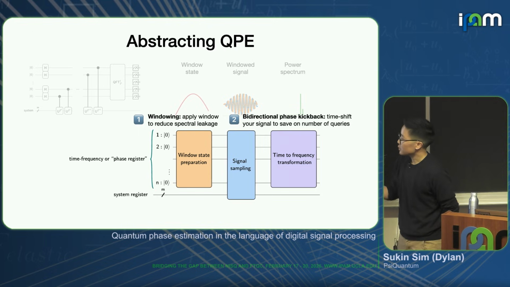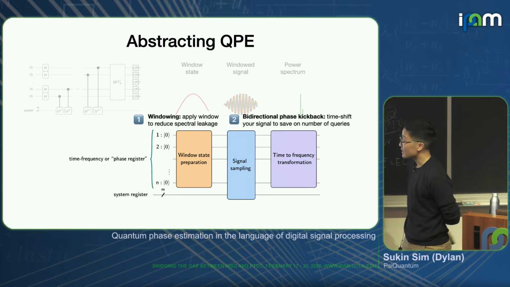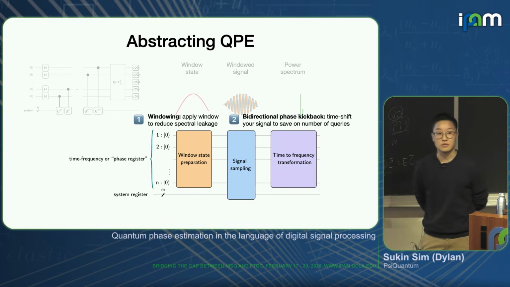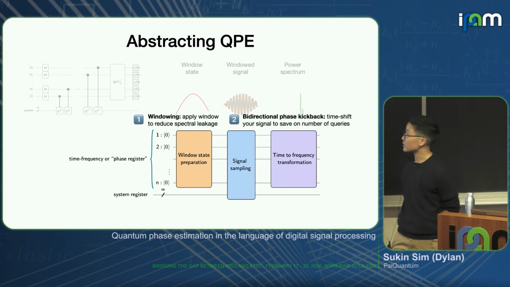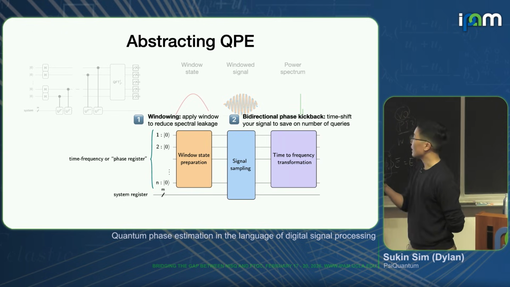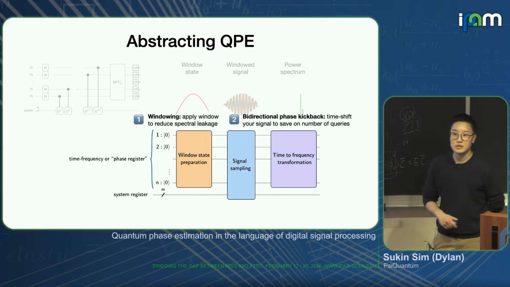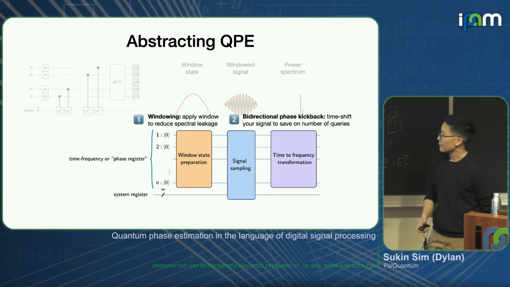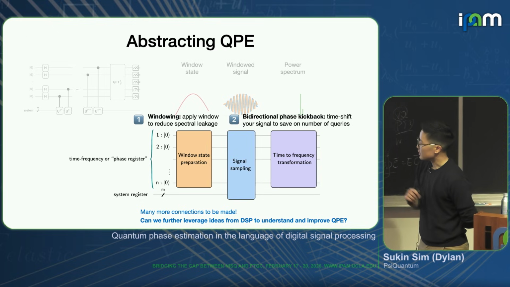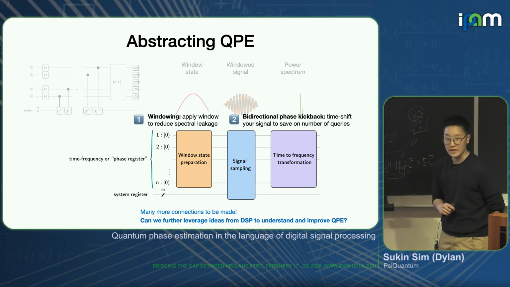And I've explained just 2 of the many connections you can make. So windowing can reduce the effects of spectral leakage. Bidirectional phase kickback is just time shifting your signal to save on the number of queries. And just to mention, there are many more connections to be made.